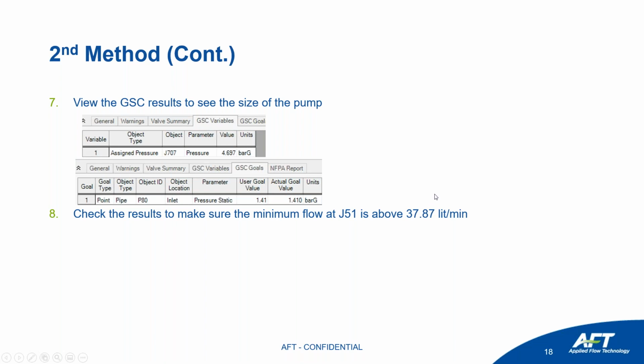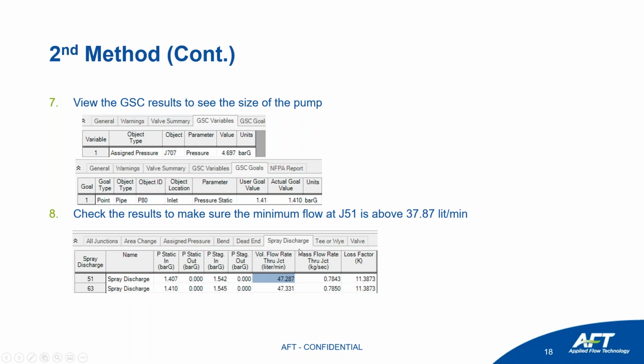That is the requirement for the nozzle located in junction 51. If we check the results, we'll see 51 has 47.28 of flow rate, which is much higher than the minimum required.